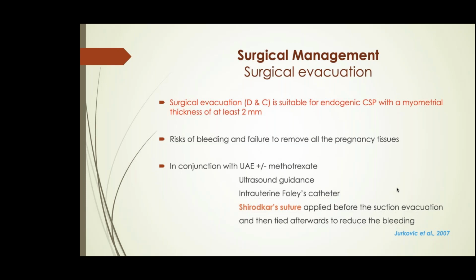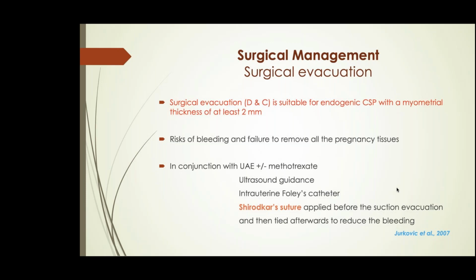Suction evacuation of the gestational sac in cesarean section scar pregnancy. So the risk of bleeding and failure to remove all the pregnancy tissues is there. There's always a risk of bleeding when you deal with a cesarean section scar pregnancy. But you can use it. You can use the surgical management in addition to different treatment modalities like uterine artery embolization plus or minus methotrexate.